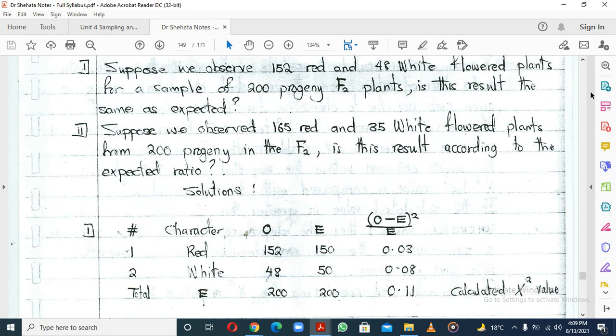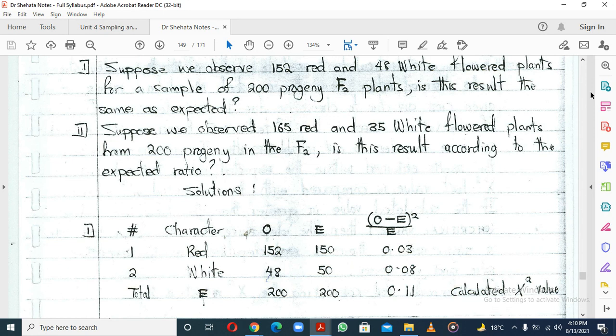In short, we've done this experiment and you are simply asking yourself, are these values in agreement with the 3 to 1 ratio that Mendel found? Because our sample is 200, that's way above 30, meaning we can use the chi-squared test.